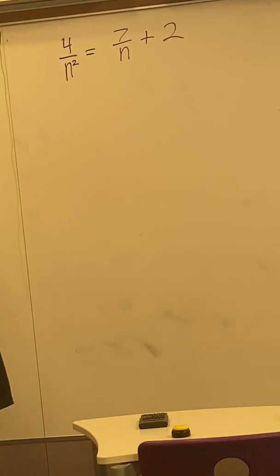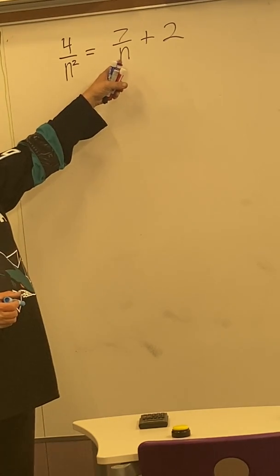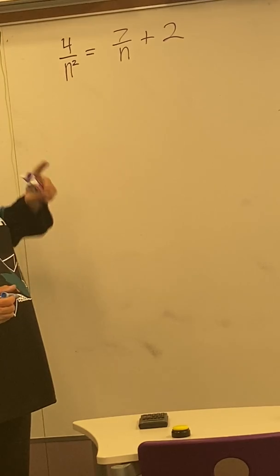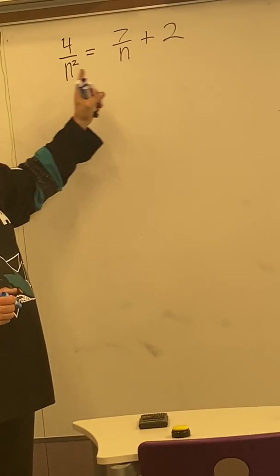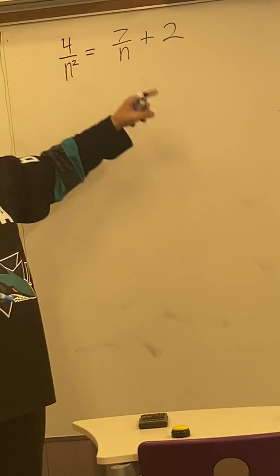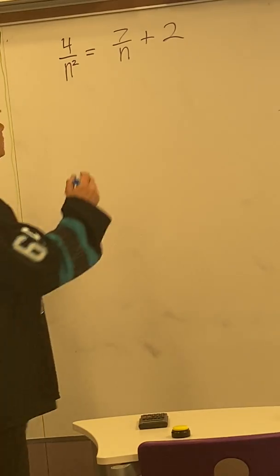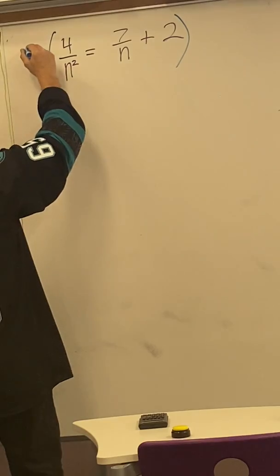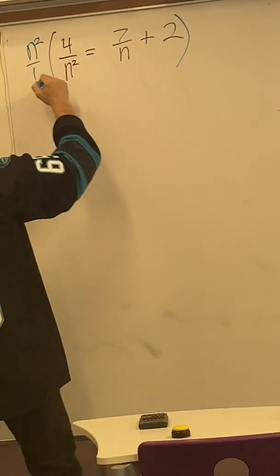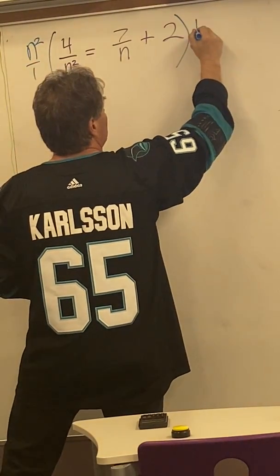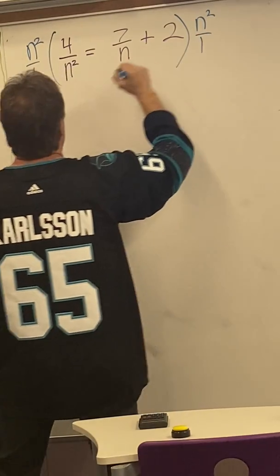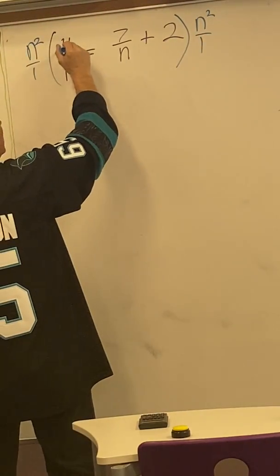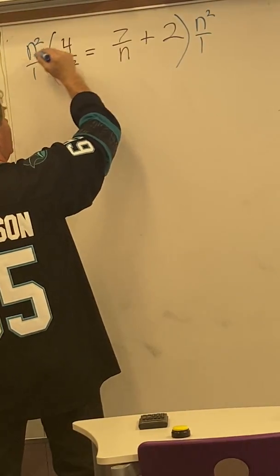So now, this is n squared, this is n. Obviously, n is contained in n squared. So n squared turns out to be the least common multiple of all these denominators. So what I'm going to do, instead of making them all have n squared as a denominator, I'm going to multiply everything by n squared. When I say everything, it's got to be n squared times this, and this, and this.